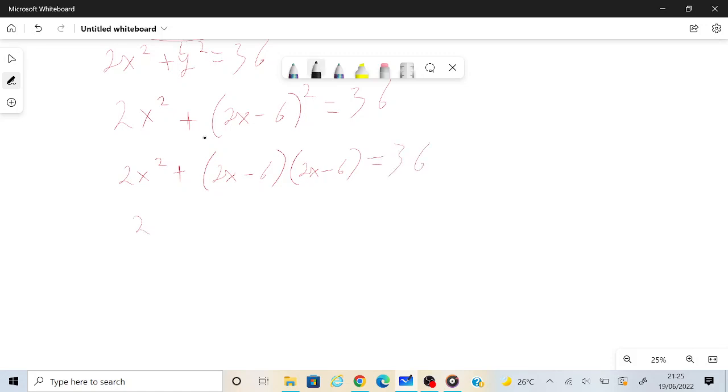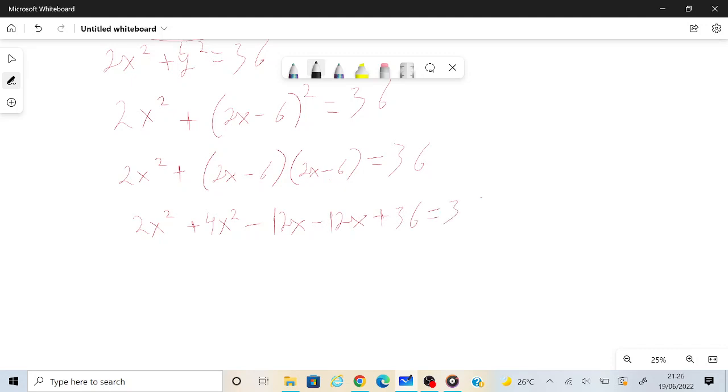This is 2x squared plus 4x squared. If you know how to expand brackets, you do 2x times 2x, then 2x times minus 6, then minus 6 times 2x, and then minus 6 times minus 6. So this one plus 4x squared, then this and this would give you minus 12x. This and this would give you minus 12x again, and minus 6 times minus 6 would give you plus 36.